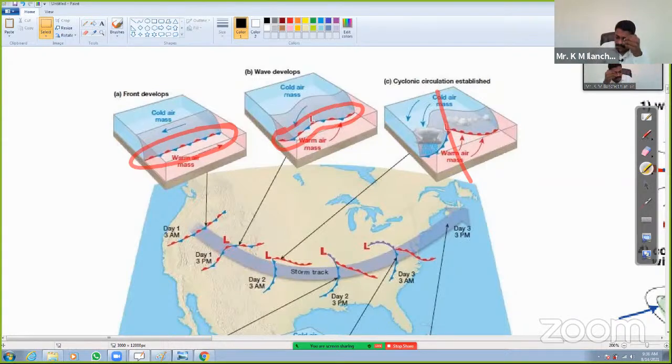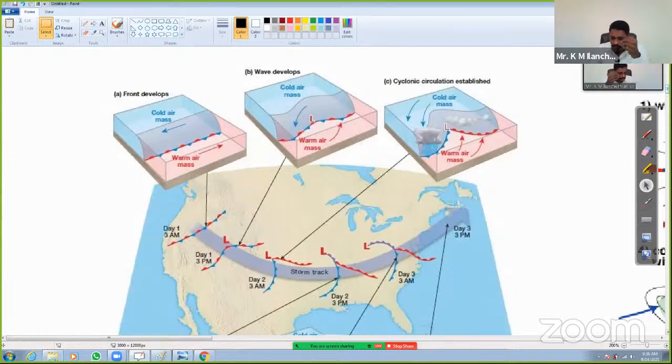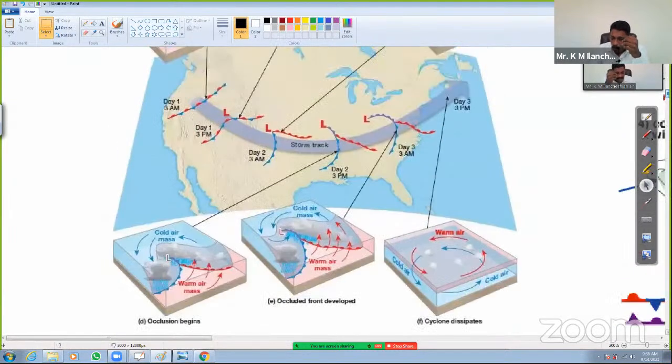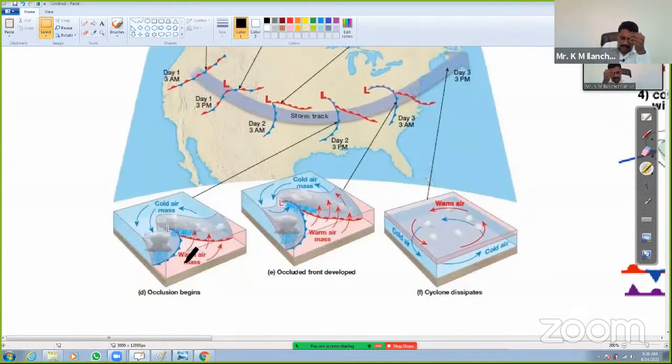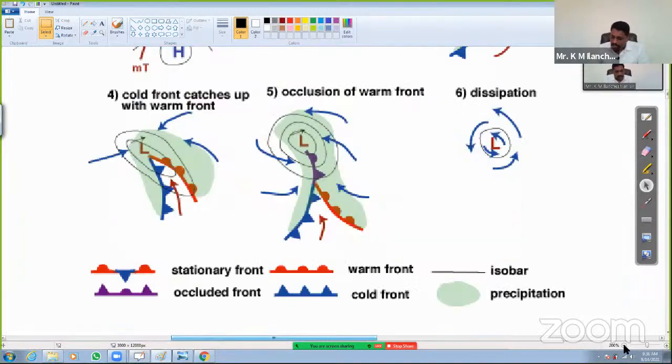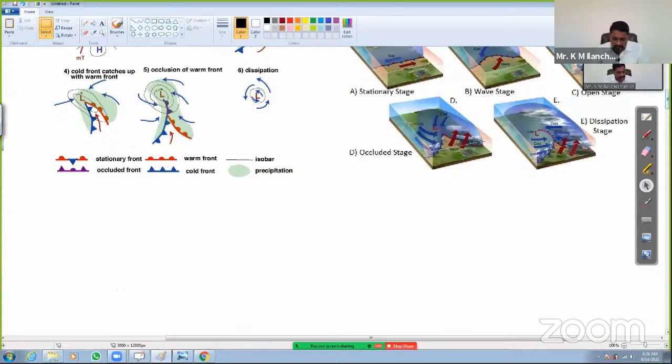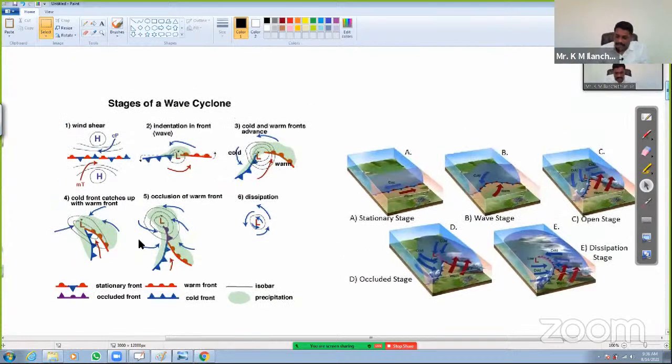Somewhere you can find that. And what goes for a circulation? The warm front cannot go for a circulation. What goes for a circulation is only the cold front. The circulation of this cold front is what you very popularly call temperate cyclonic circulation.